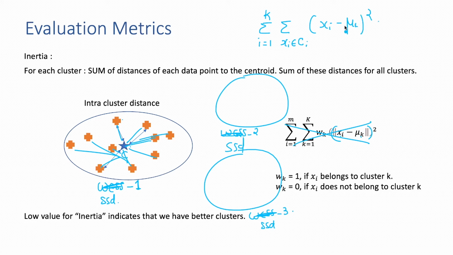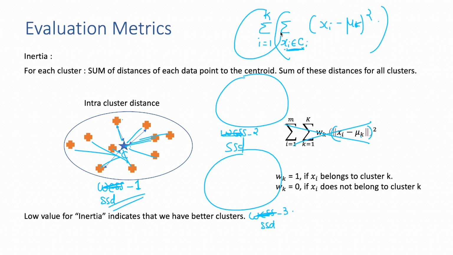So what am I doing here? For all of the data points within a given cluster, for all xi's within a given cluster, I am taking the sum of squared differences, or sum of squared distances, with respect to the cluster centroid. And then whatever WCSS values I obtain for every individual cluster are again summed up.